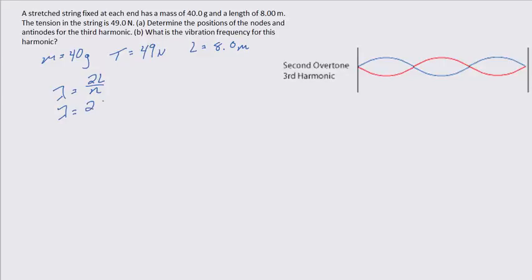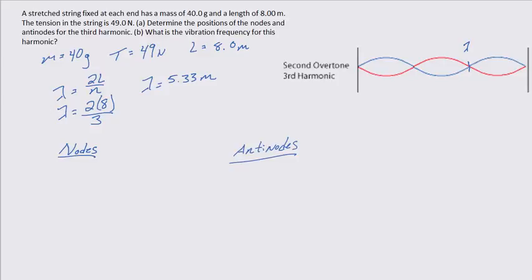So 2 times 8 meters divided by 3 for our harmonic will give us a wavelength that is equal to 5.33 meters.